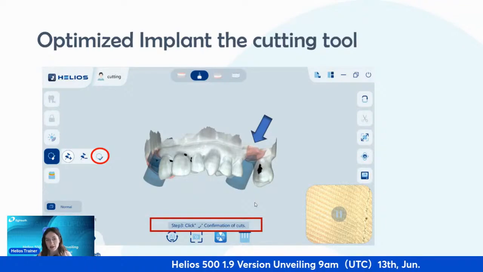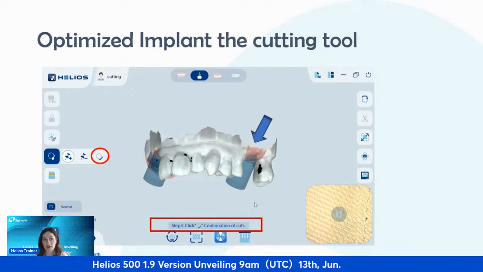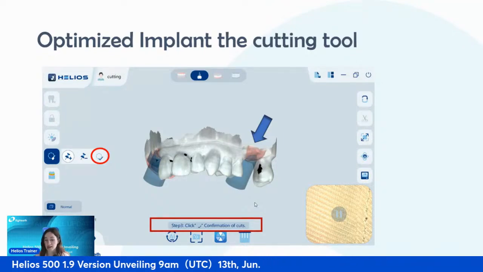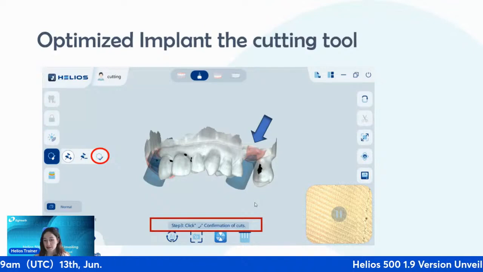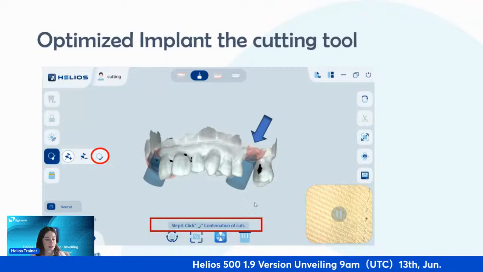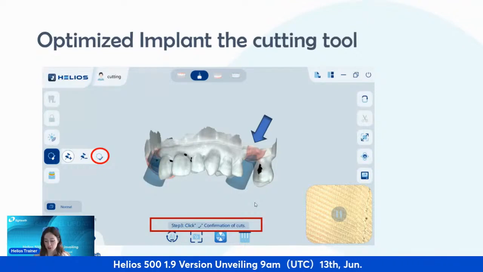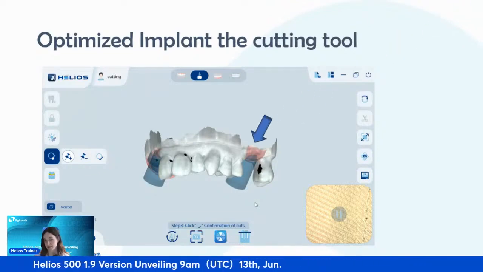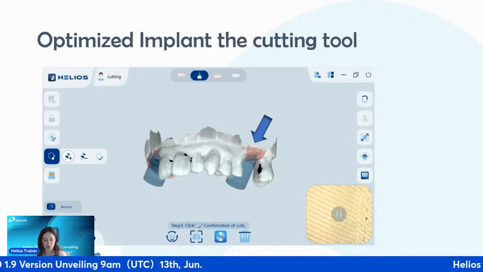So what has changed? We optimized it with a guidance message for you, and to help you understand the implant analog area that is going to be deleted, it has a nice feature showing that like this. All right.